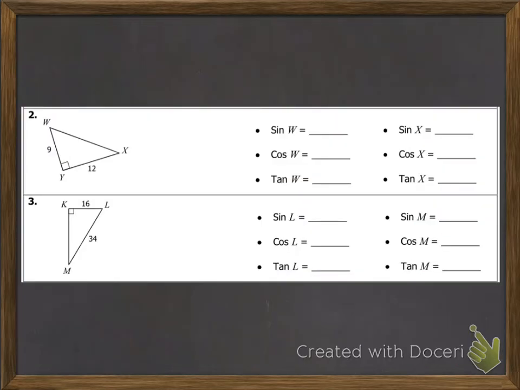So now let's look at numbers 2 and 3. We want to list all of the trig ratios as a fraction in their simplest forms. So, first off, I need to know what my missing side is going to be, and you use the Pythagorean theorem for that. So remember the Pythagorean theorem, a squared plus b squared equals c squared.